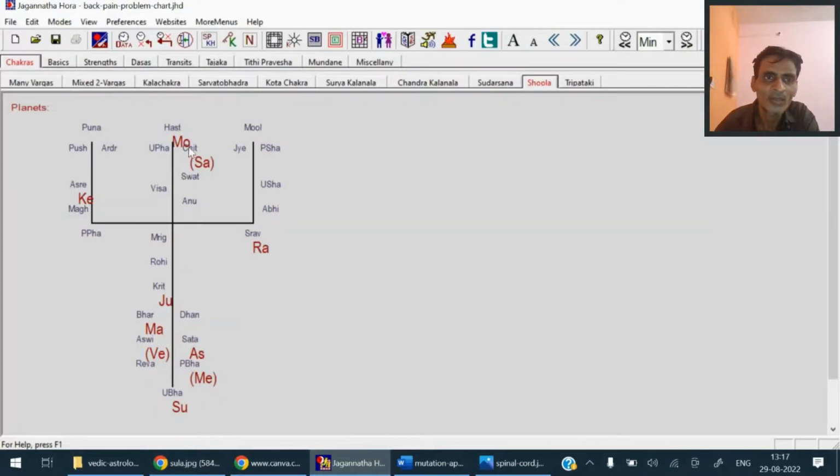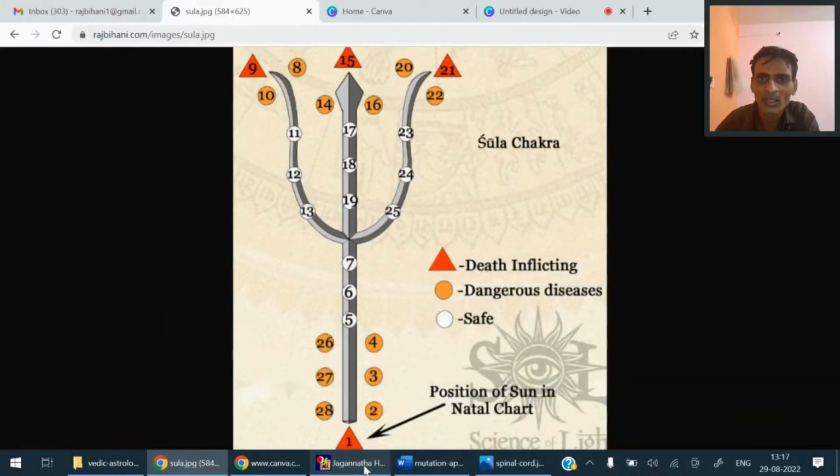And her Moon is placed in Hasta at a death inflicting point. So Moon again is not in a good position here, as it is getting afflicted, located at the death inflicting point.